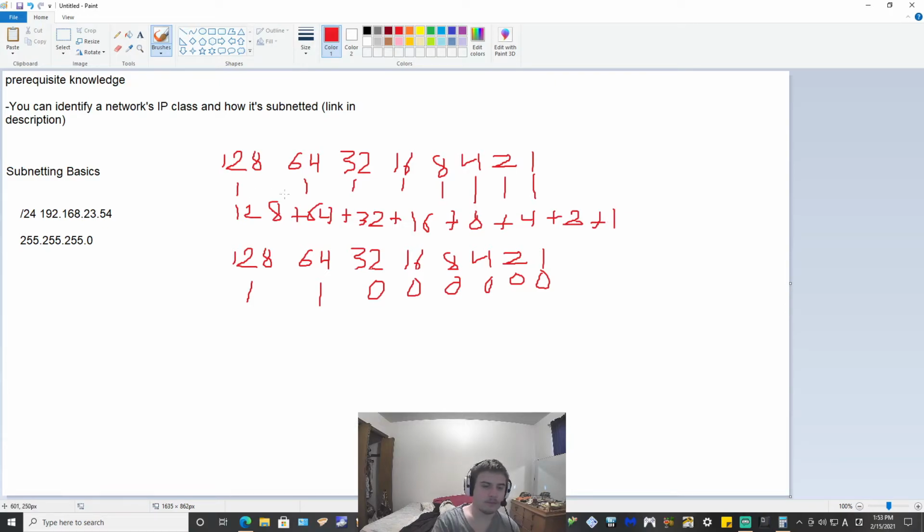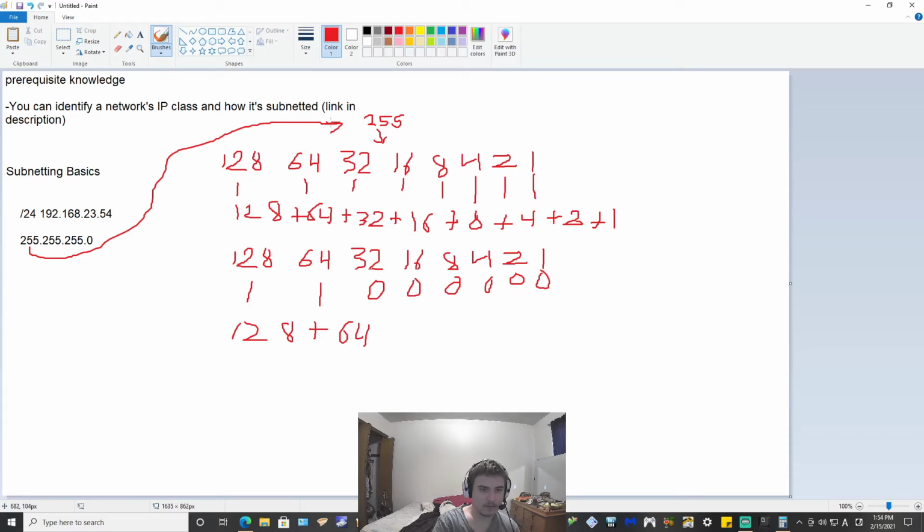So for example, down here, before I go over that, this is saying add 128, add 64. And then technically it's saying don't add any of these. So we have 128 plus 64, and that's it. These binary numbers are where we get our 255 in the first octet, right?